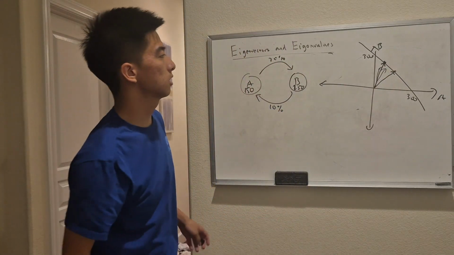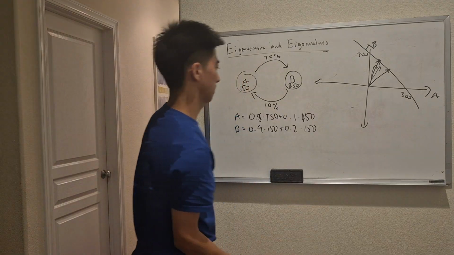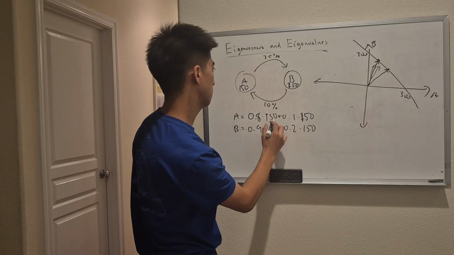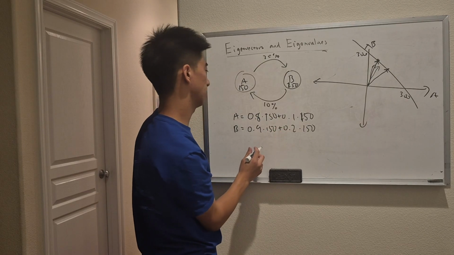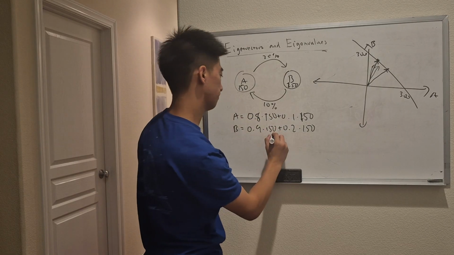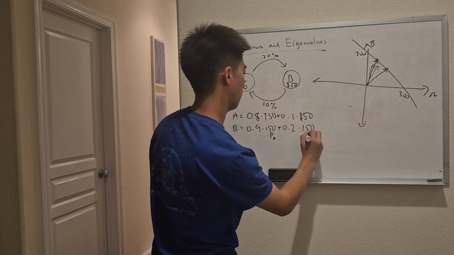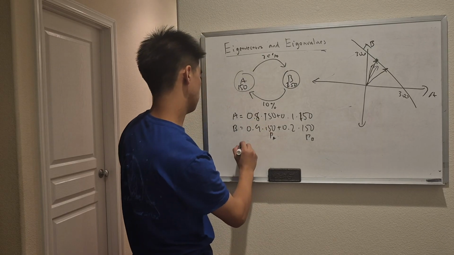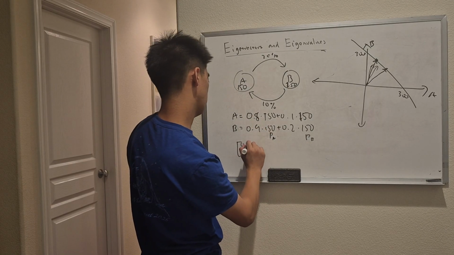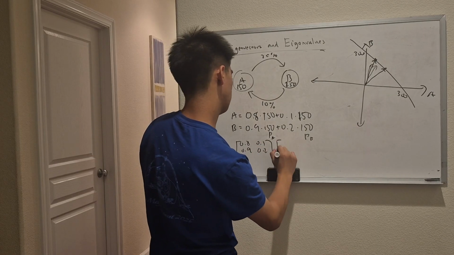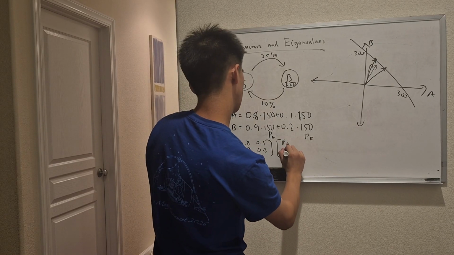And so essentially what we're saying is that this is a matrix multiplication. If 150 is our population of A, and this is our population of B, then we are doing the matrix 0.8, 0.9, 0.1, 0.2 times PA, PB.